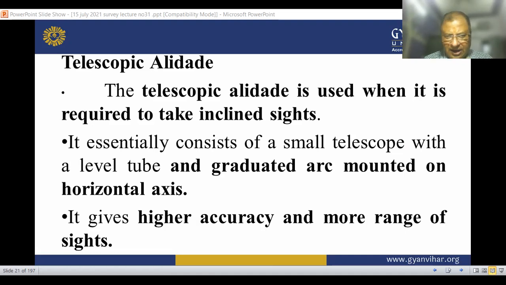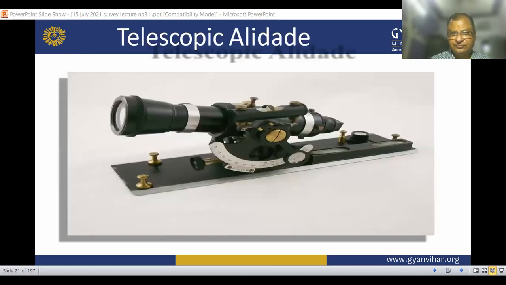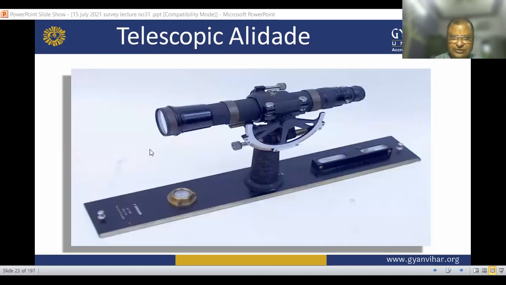So it gives higher accuracy and more range of sight. This is the photograph of the telescopic alidade. In this, this is the protractor, this is the scale and this is the alidade. This is also a telescopic alidade and this is the split level.